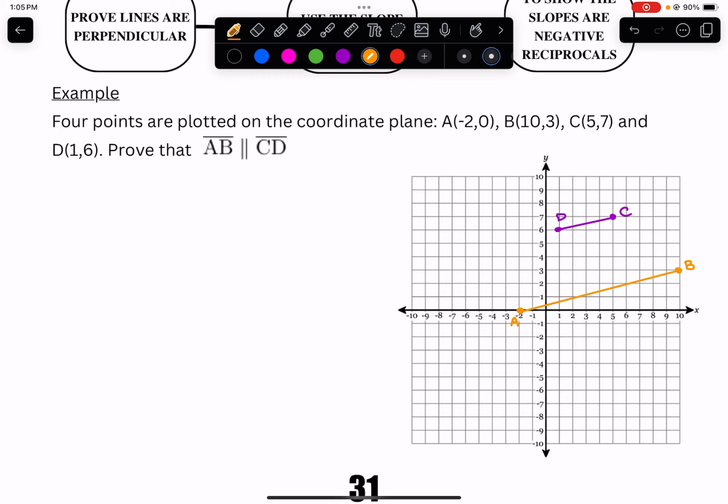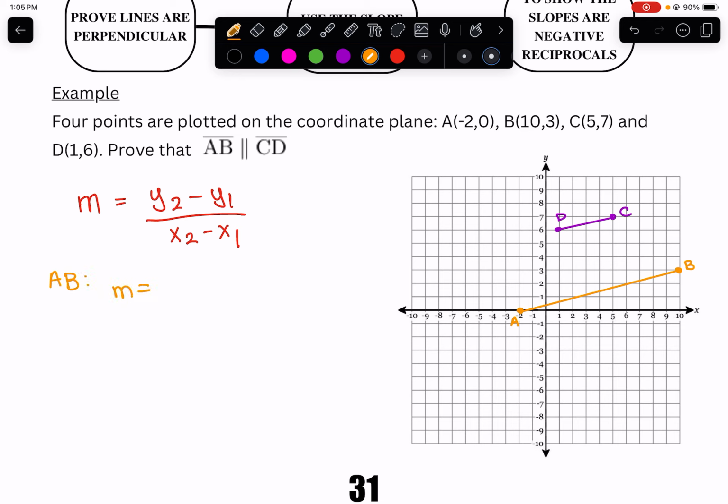So we're trying to show that these two lines are parallel. So if they are parallel, they would have the same slope. So we first write the formula that we're going to use, which is the slope formula. And now I'm going to find the slopes. So first I'll do AB.